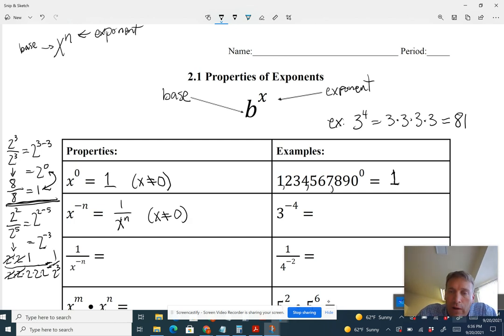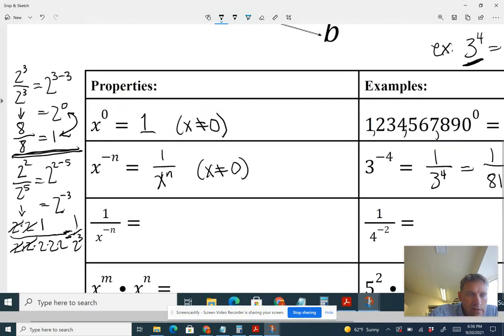3 to the minus 4 power is the same as 1 over 3 to the fourth power. And as we noted up here, 3 to the fourth power is 81. So this is 1 over 81. And then we have 1 over x to the minus n. Now, if it's negative in the numerator, it becomes positive down in the denominator.